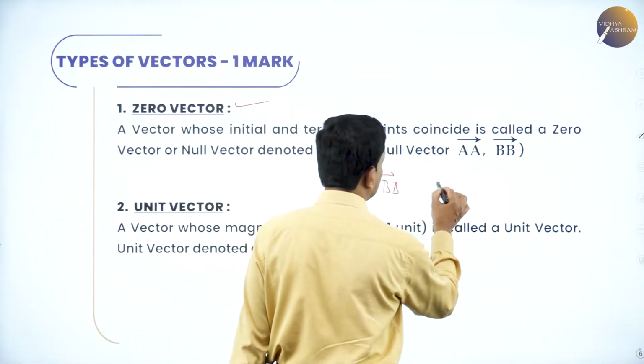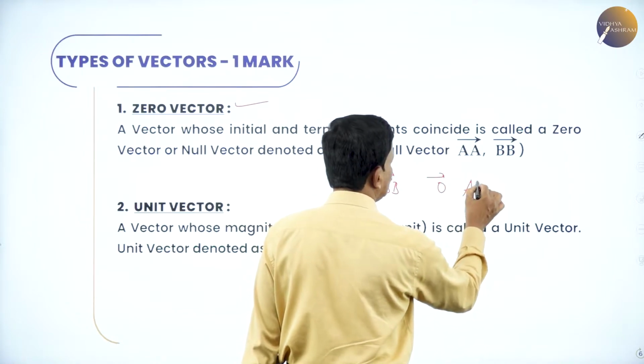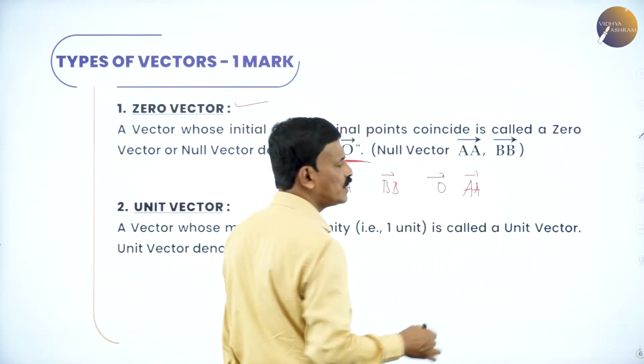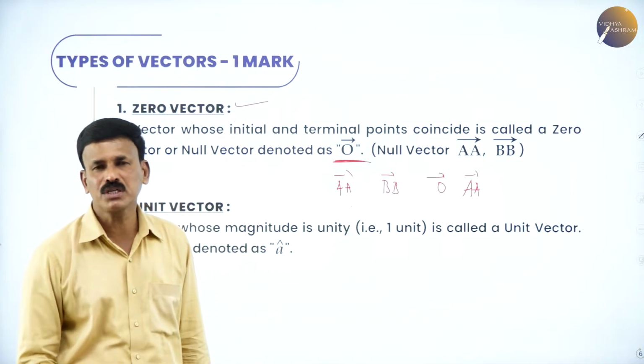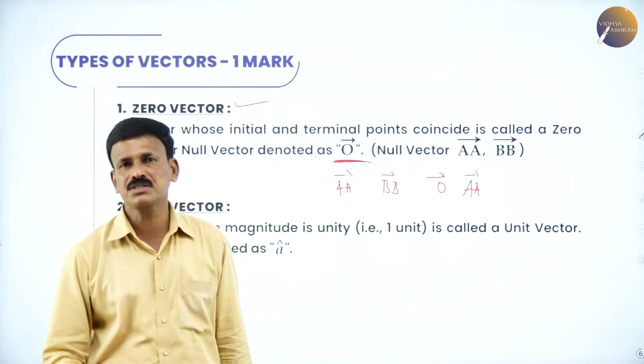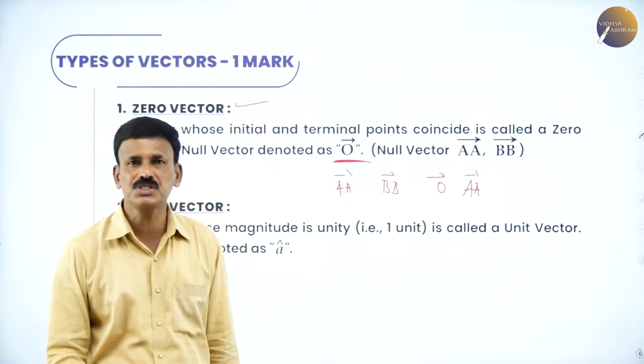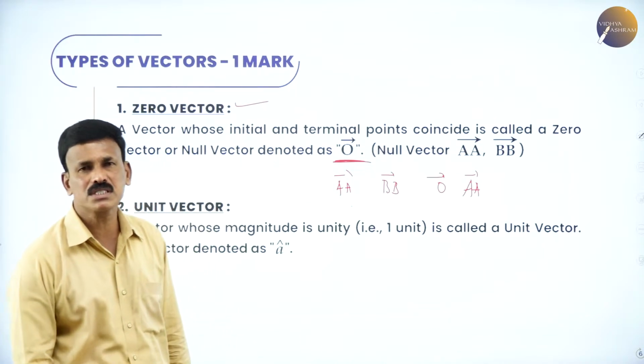Therefore, this is a null vector because the length is 0.